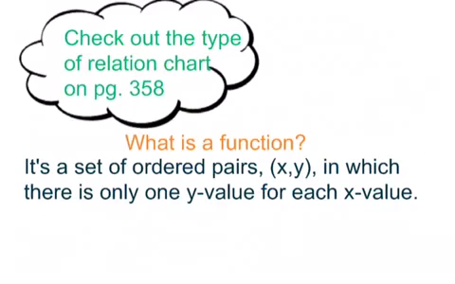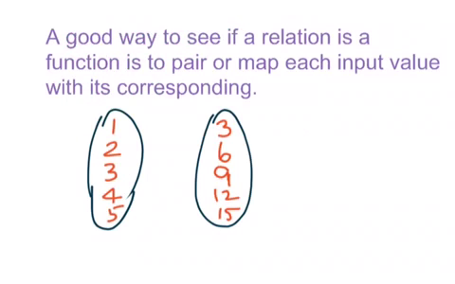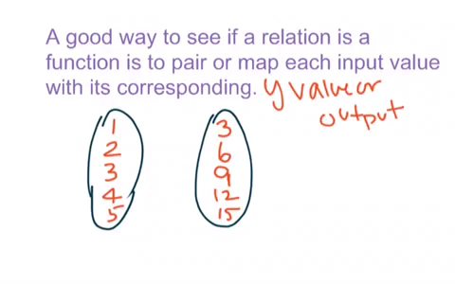Okay. So a good way to see if a relation is a function is to pair or map each input value or x coordinate or x value with its corresponding y value or output value.